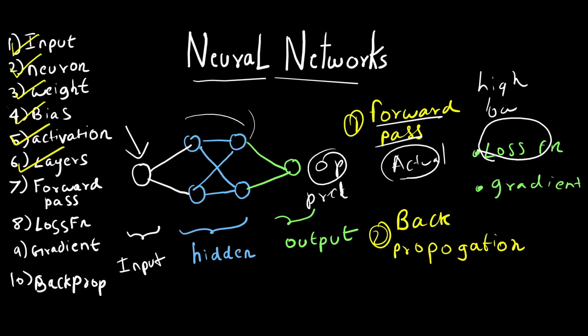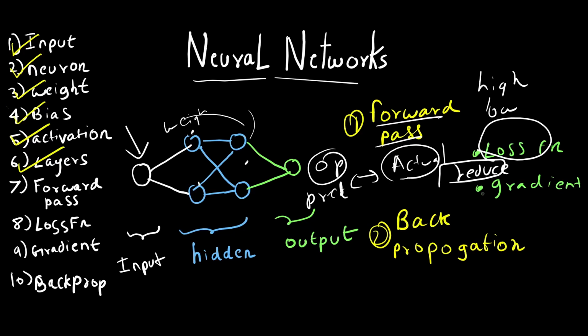Now that we know how far the predicted value is from the actual value, we need to reduce this loss. So we need to know how each weight in the network contributed to the error in the final output. But we cannot know that directly by looking at it.